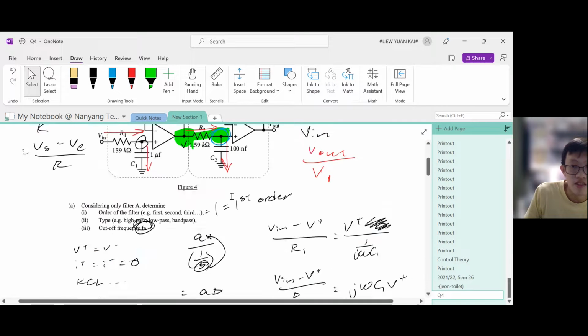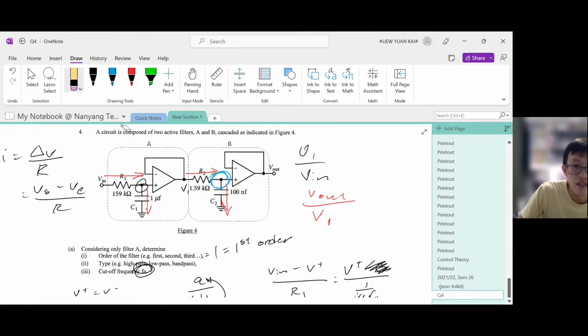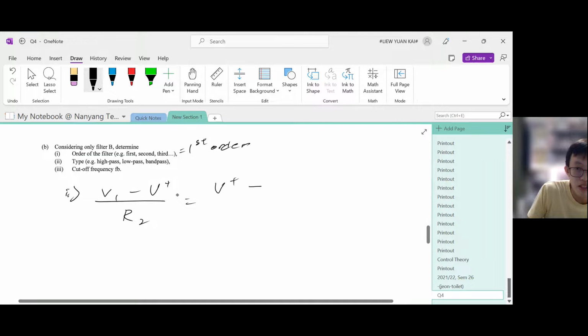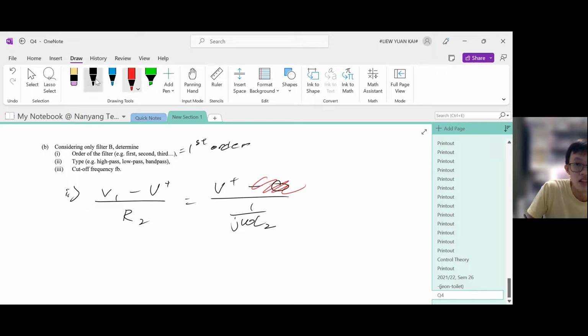Now, what is the current going out of the node? It starts at V plus and ends at ground. So V plus minus ground, which is 0, divided by the capacitor it goes through, 1 over j omega C2.